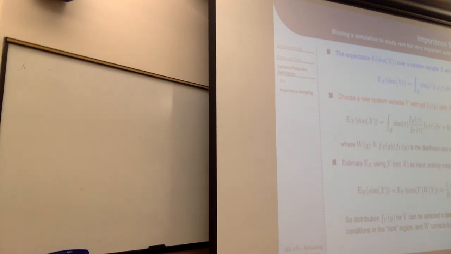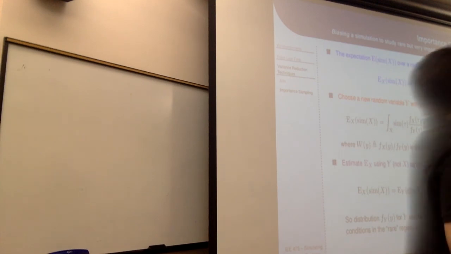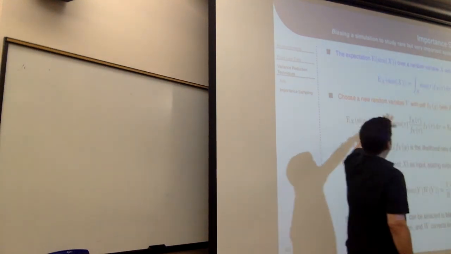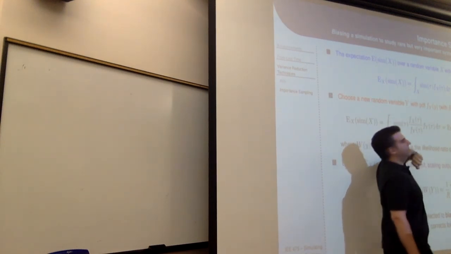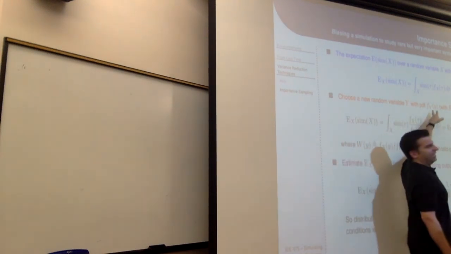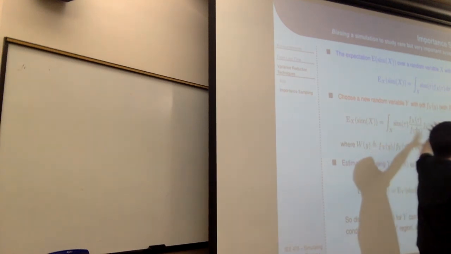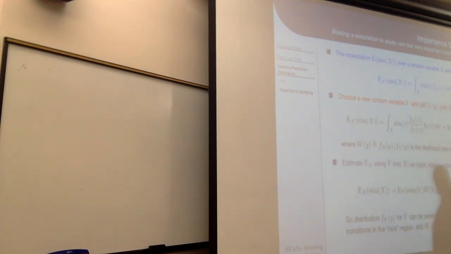Or maybe I make the salinity of the coolant a particular level. Even though it's outside of normal ranges, I'm going to simulate a reactor in those really, really bad conditions. So my new random variable represents the input in these really bad conditions, and it's going to have its own PDF, which will have the same range as my normal input PDF.